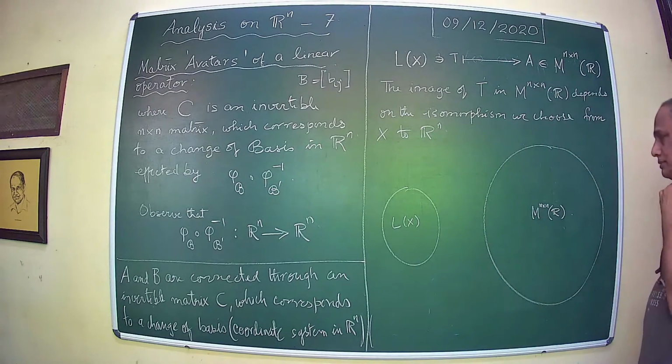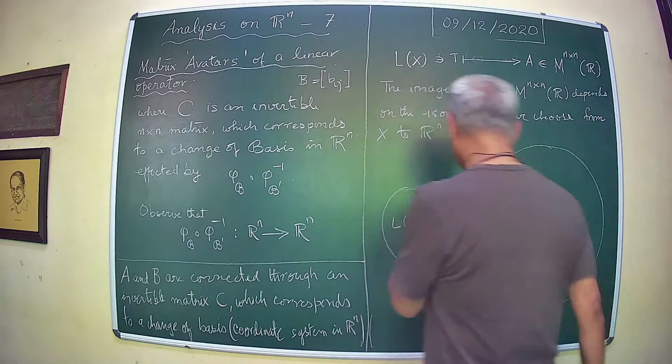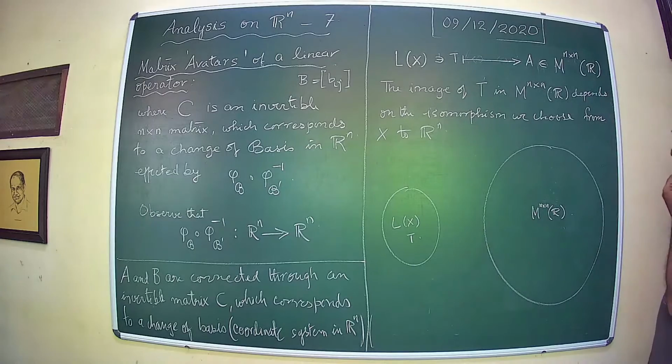Now ask the question. Now this is the question I asked. So T is an abstract linear operator.